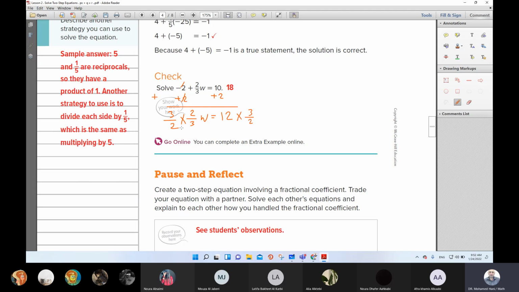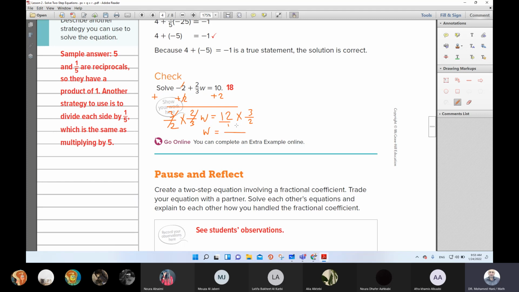And as you remember, when you multiply a number by its reciprocal, you will get 1. 1 times w means w. Then, how to multiply a whole number by a fraction? Put the denominator 1 here, then multiply numerator by numerator and denominator by denominator.